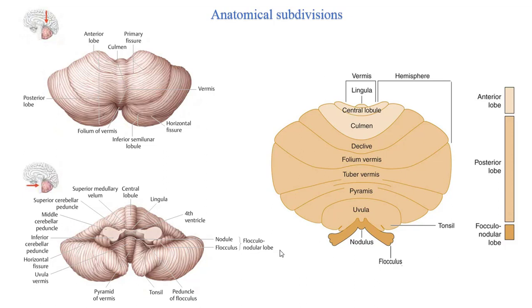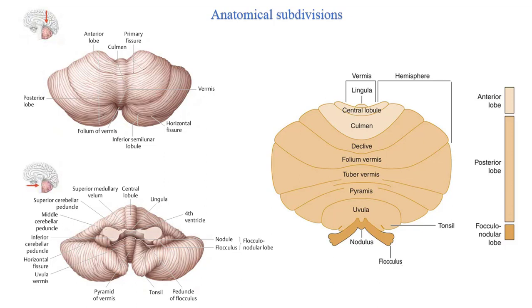The folliculonodular lobe is the smallest lobe of the cerebellum. It's located on the inferior surface in front of posterolateral fissure and comprises the nodule of inferior vermis and a pair of flocculi, which are connected to the nodule by peduncles.